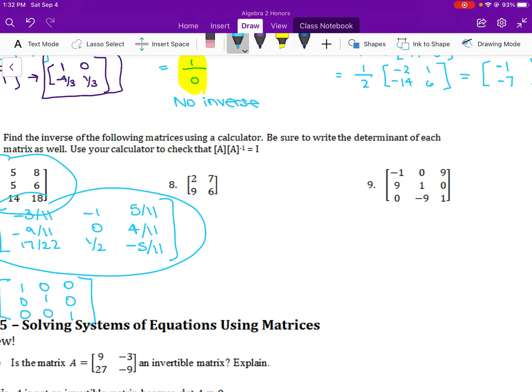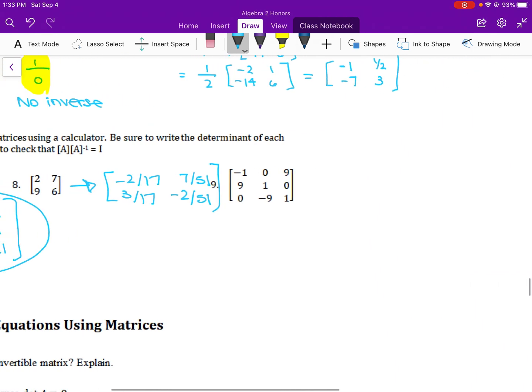So if I enter 2, 7, 9, and 6, whether you're using a graphing calculator, an app online, or even a website, we should find that our inverse for this 2 by 2 matrix is negative 2 over 17, 3 over 17, 7 over 51, and negative 2 over 51.